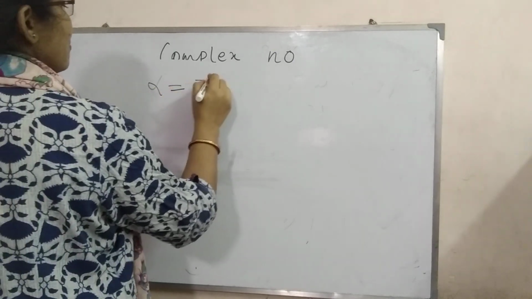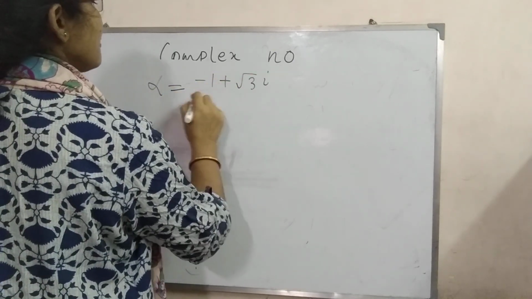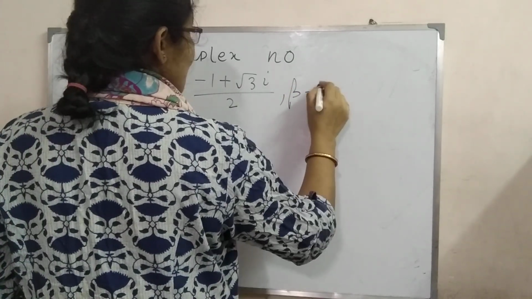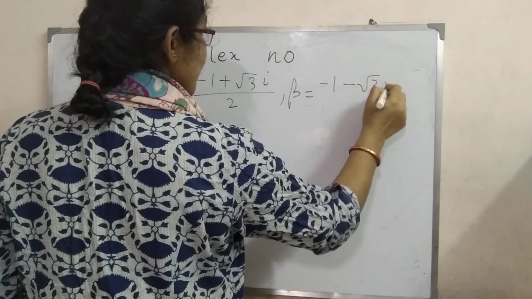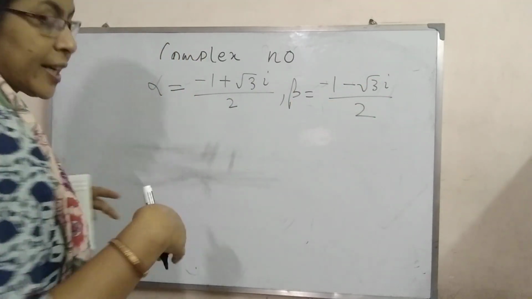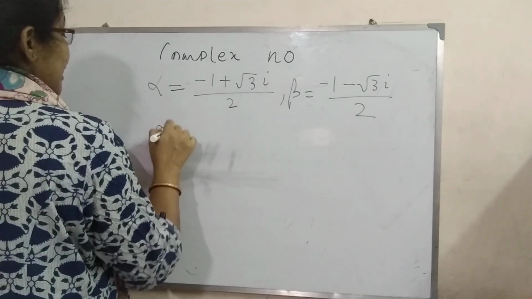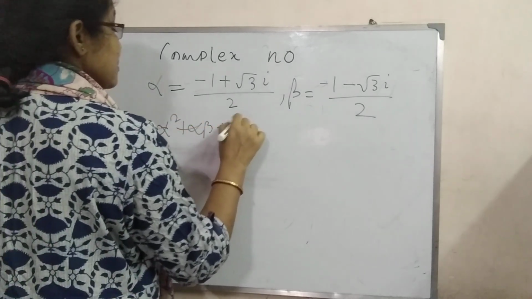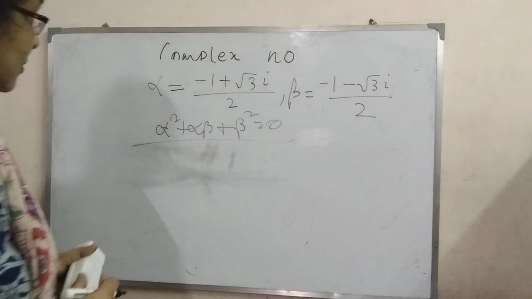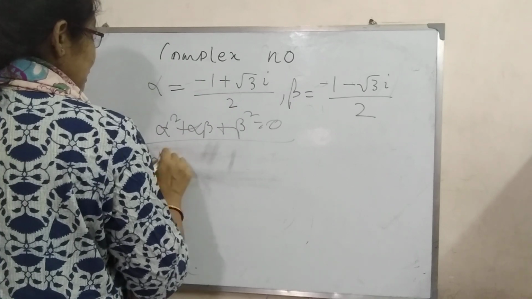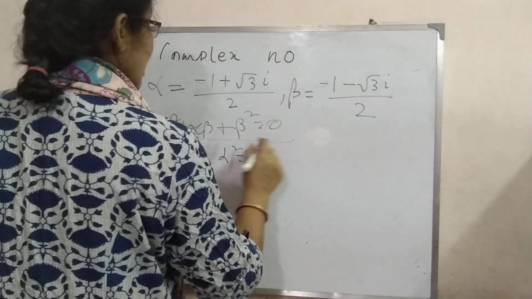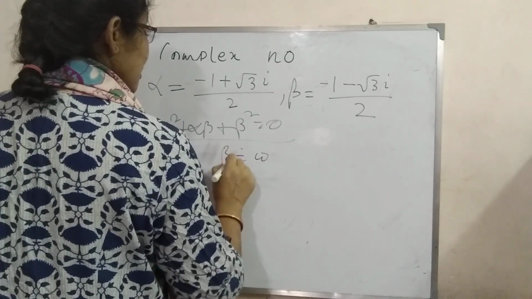If alpha equal to minus 1 plus root 3i by 2 and beta equal to minus 1 minus root 3i by 2 are the two roots of a quadratic equation, then prove that alpha square plus alpha beta plus beta square equal to 0. I can write alpha equal to omega and beta equal to omega square.